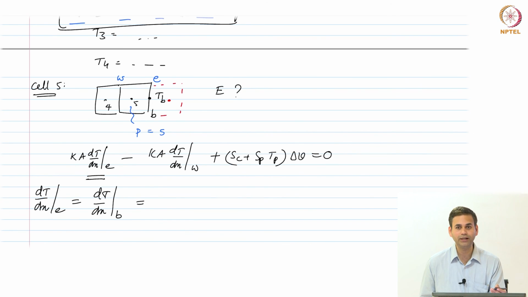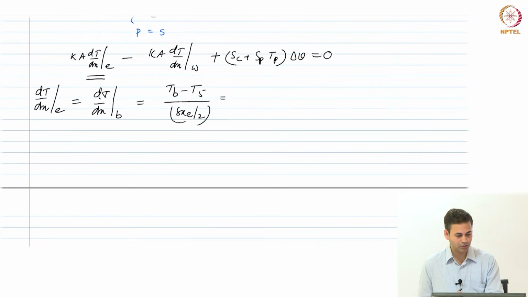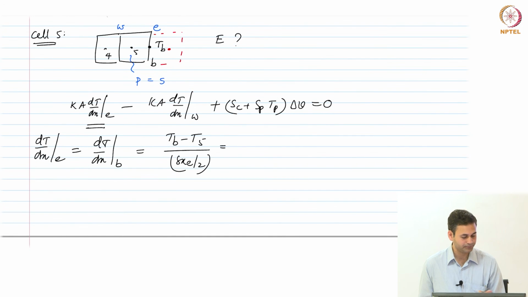Delta x by 2, right, so this will be written as TB minus T5 by the distance, which would be delta x e by 2, okay. So this would be the value for the gradient. What would be the dT/dx for the west cell?